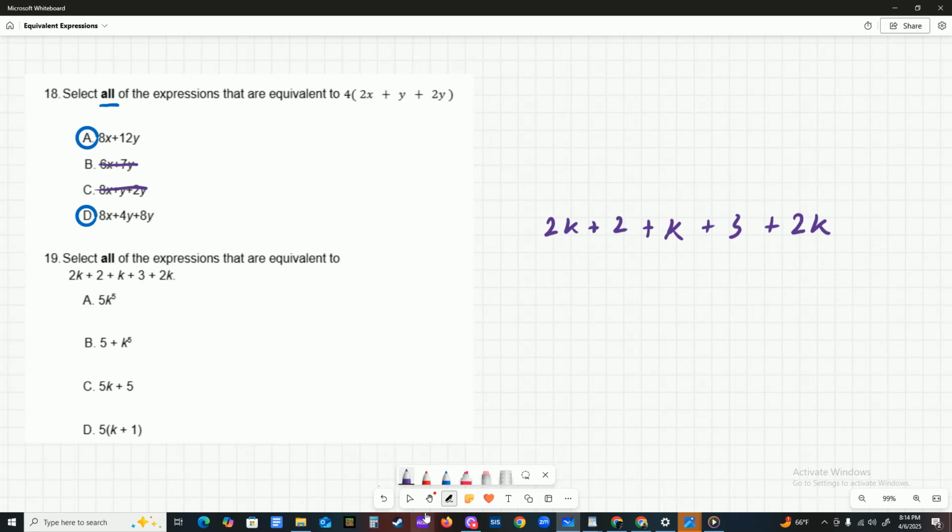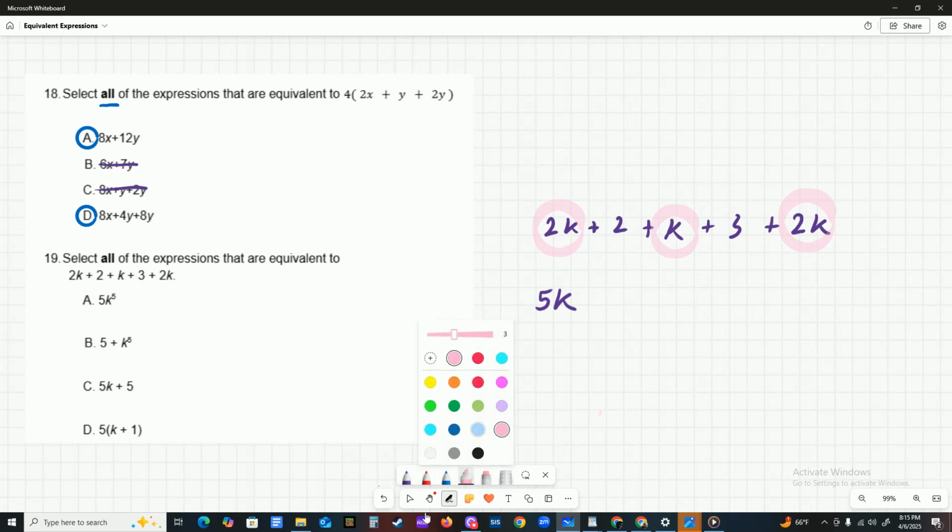All right, let's see what we got. Right off the bat, I noticed something. I have 2k, k, and 2k. So how many k's do I have total? Well, 2k plus k plus 2k. That's 2 plus 1 plus 2. That's 5k. So I have 5k's.